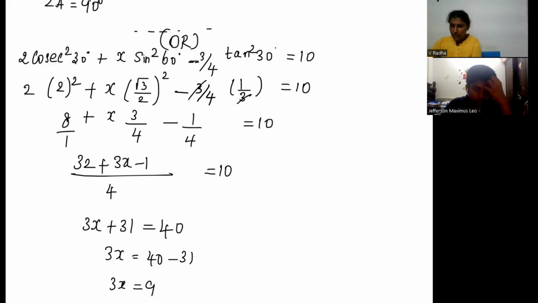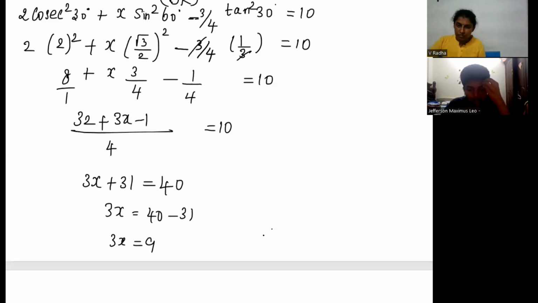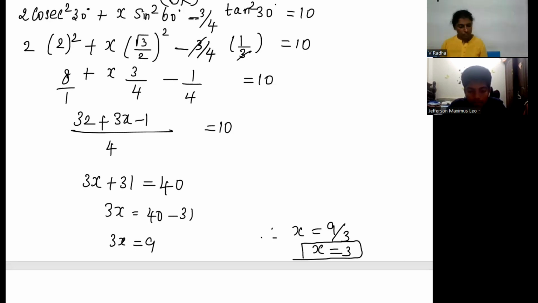So x is equal to 9 by 3, it is 3. That is the answer. Any doubt? No, ma'am. No doubts. So now we move to the next question.